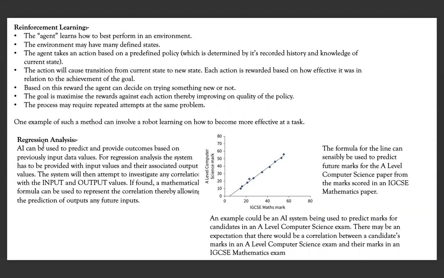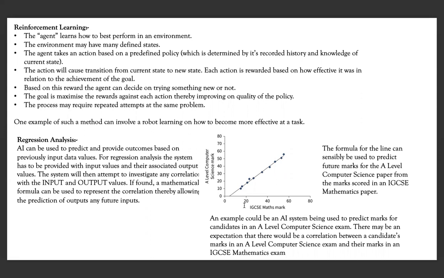So AI can be used to predict and provide outcomes based on previously input data values. For regression analysis, the system has to be provided with input values and their associated output values. The system will attempt to investigate any correlation between the input and output values.